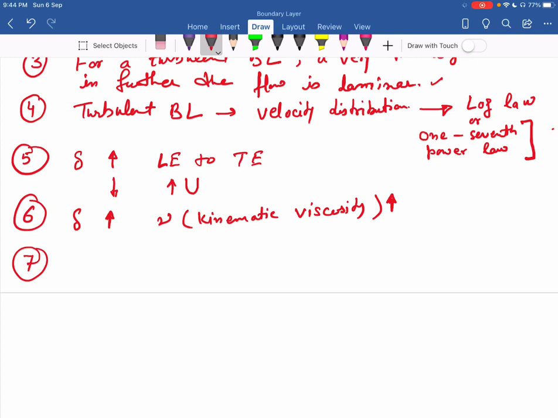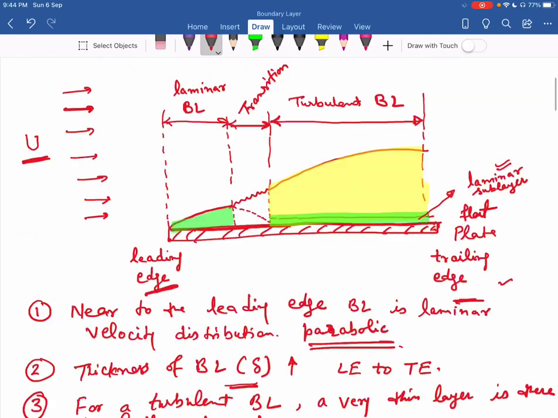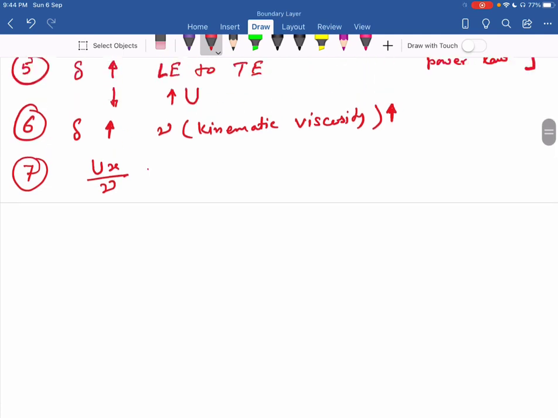Now we have the factor ux by nu. If this factor is less than 5 into 10 raised to power 5, the boundary layer is laminar, and the velocity distribution is parabolic.